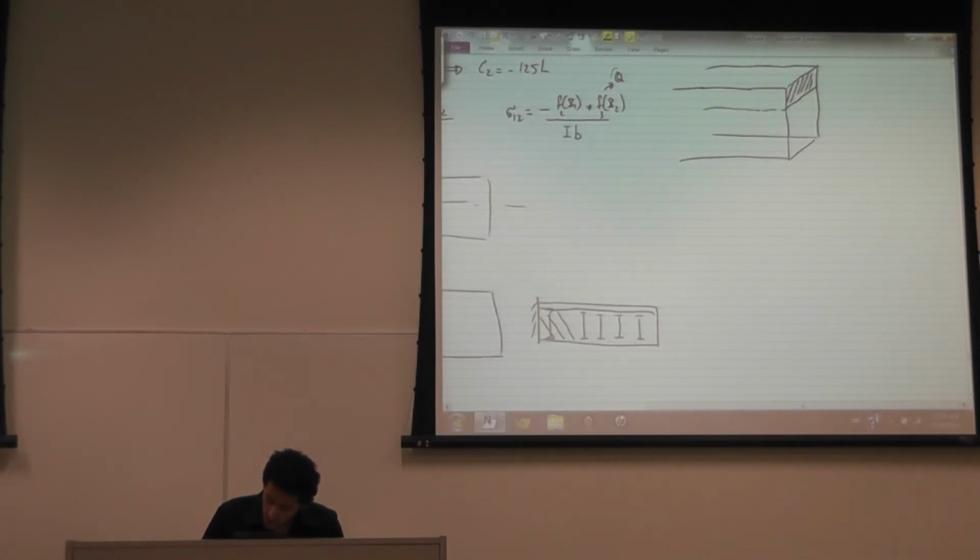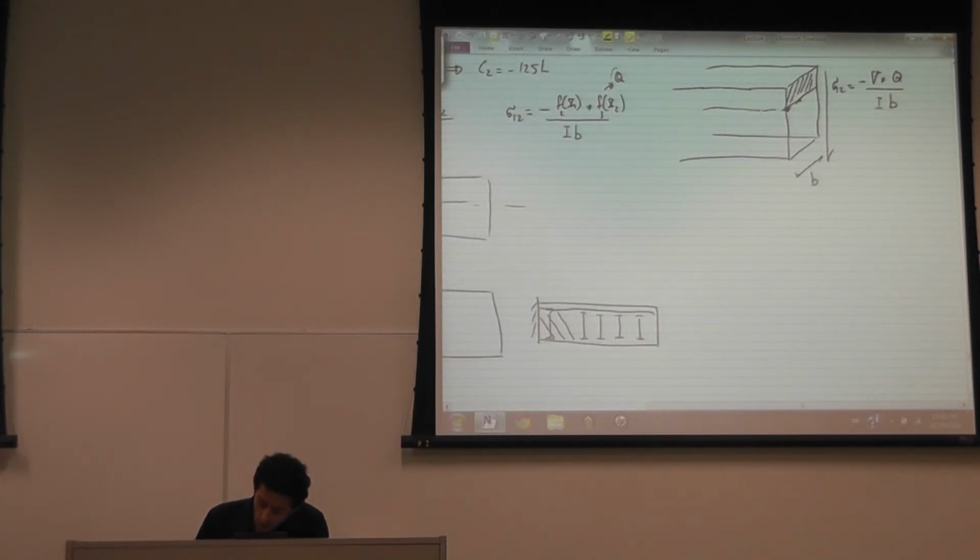I would like to calculate sigma on 2 at this point, or at this point, we assume that sigma on 2 is equal to all these points. Sigma on 2 is equal to minus the shear on this section, multiplied by the moment of area, which is Q, divided by I divided by B, where this is B.